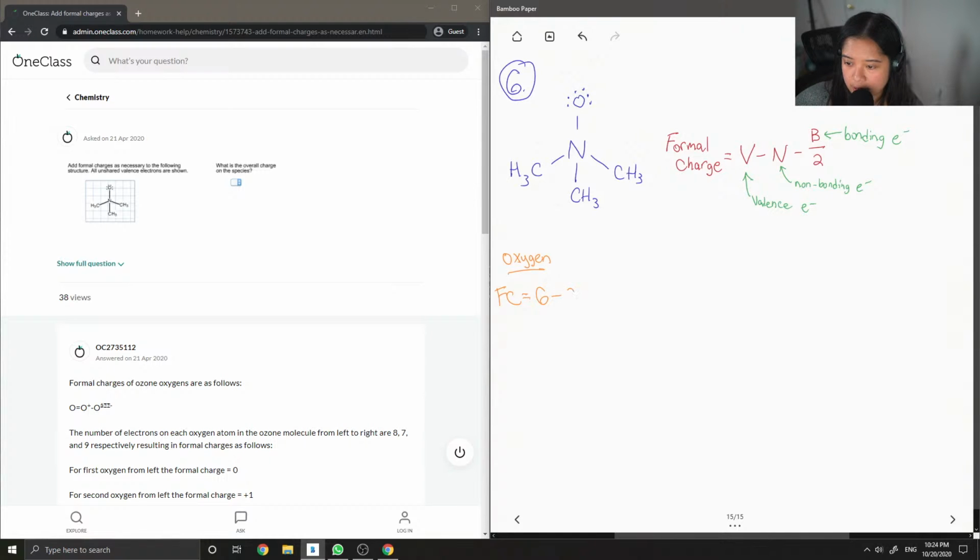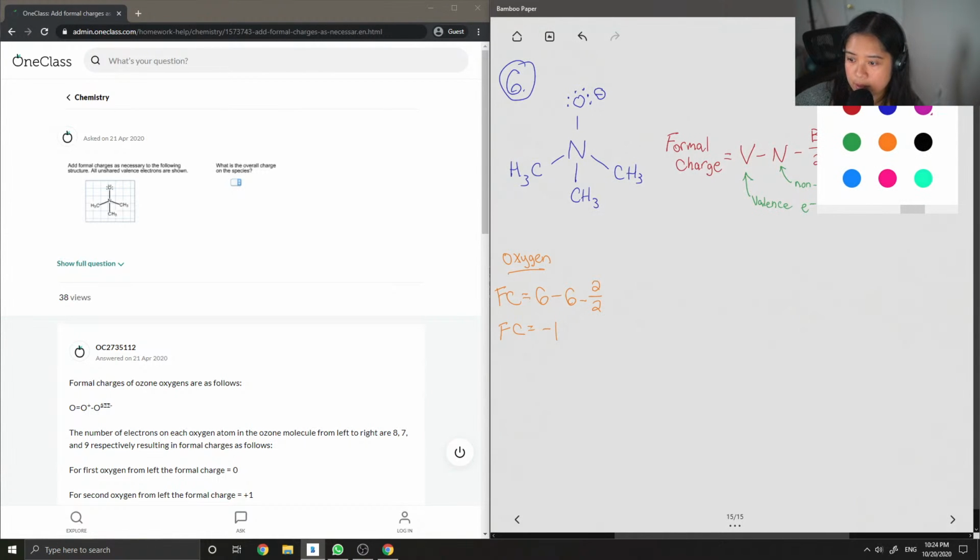You'll see that there are 6 of them as well. And then you'll see that there are 2 electrons that are involved in each bond. So I'm just going to divide that by 2. And then we end up with a formal charge of -1. So I'm just going to write the charge in for the oxygen.